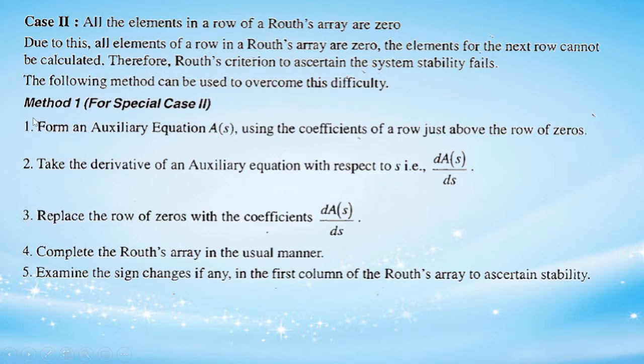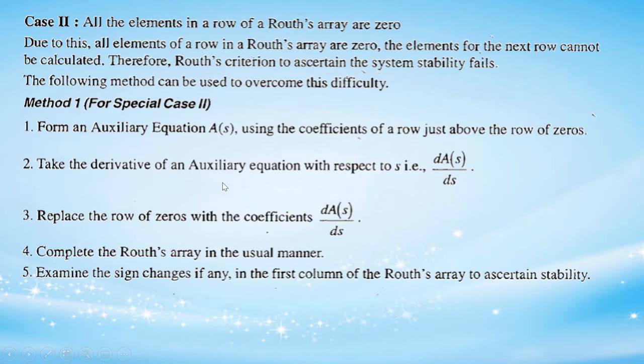So if we encounter, in any row of the Routh array table, all the row elements equal to 0, then it is considered a special type of Routh array. First you need to form an auxiliary equation using the coefficients of the row just above the row of zeros.